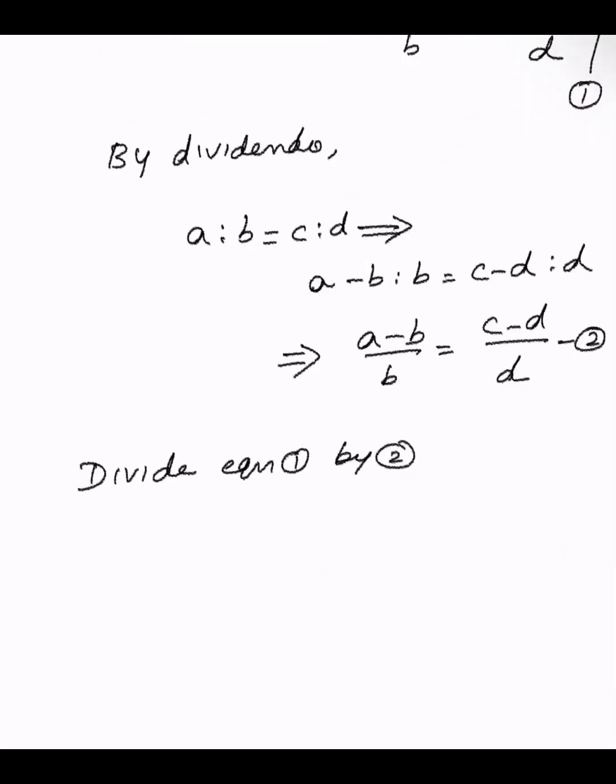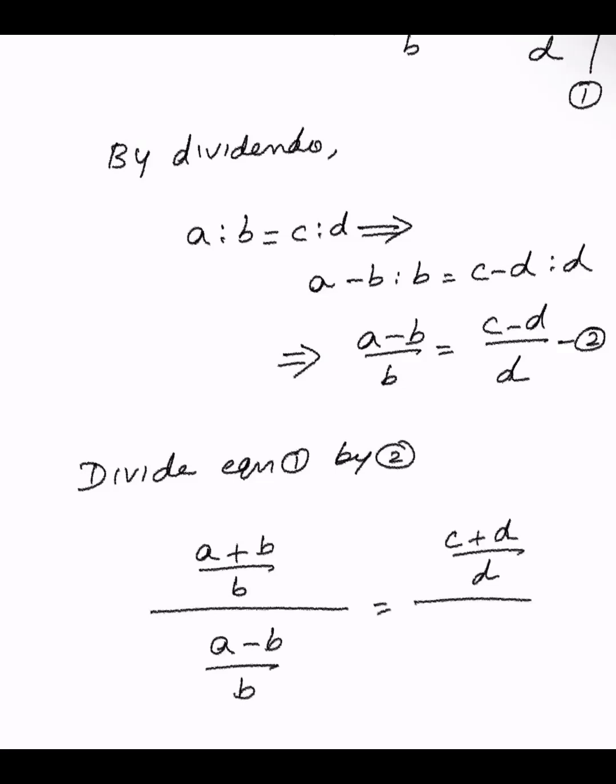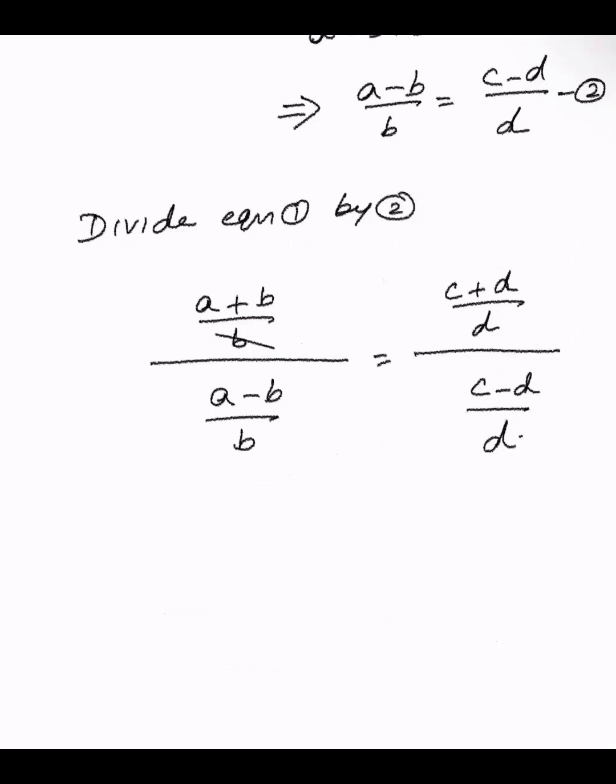So divide equation 1 by 2. What do you get? It is like A plus B by B whole divided by A minus B by B equal to C plus D by D whole divided by C minus D by D. Just cancel out B with B, and D with D. So what do you get?